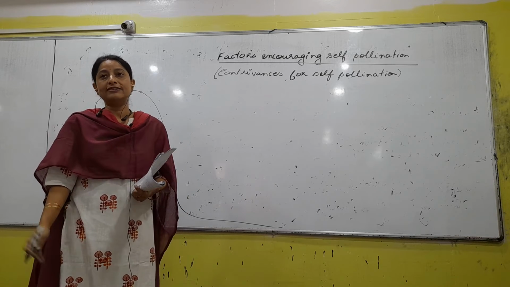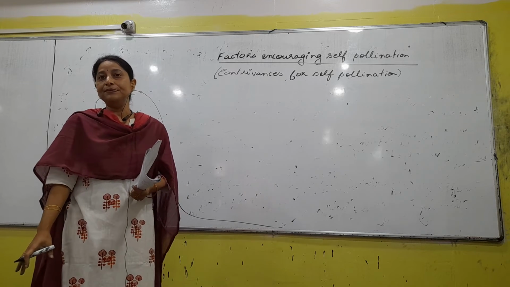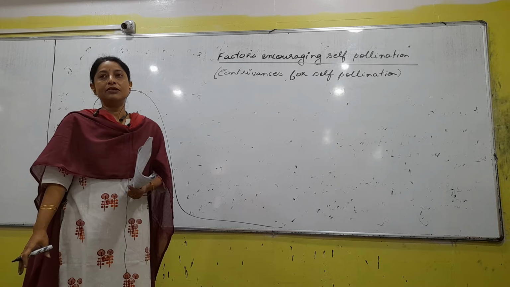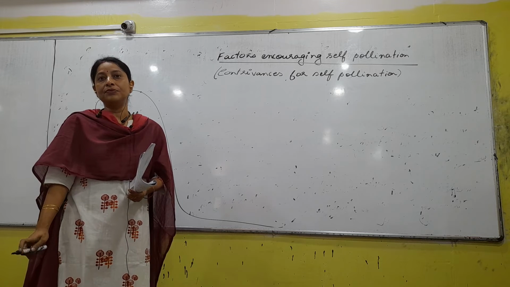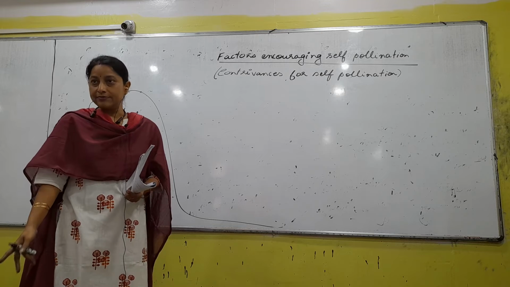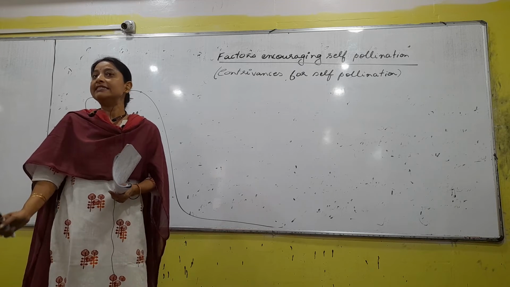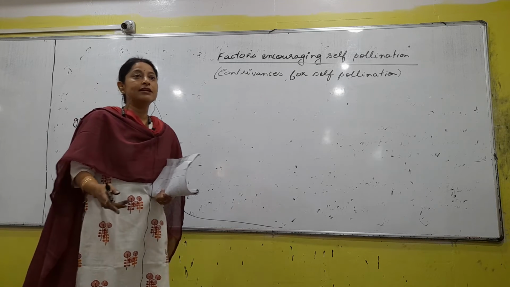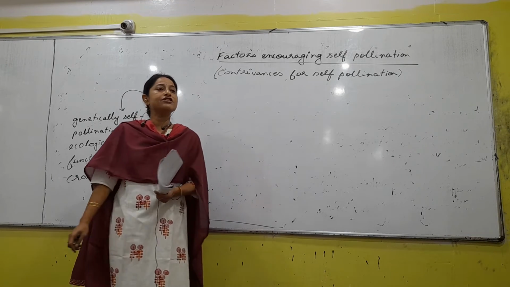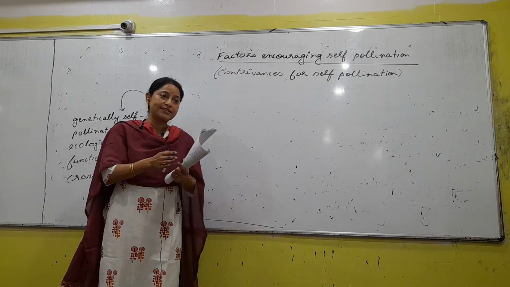What is the most common factor that will help a plant to undergo self-pollination? Something about the sexuality of a flower. We have the two terms unisexual and bisexual. If unisexual, self-pollination will not happen; if bisexual, self-pollination can happen. If it is bisexual, they will have both the sex organs together.